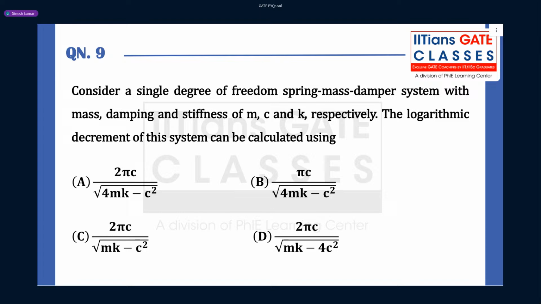What they asked: consider a single degree of freedom spring mass damper system with mass, damping and stiffness of m, c, k respectively.